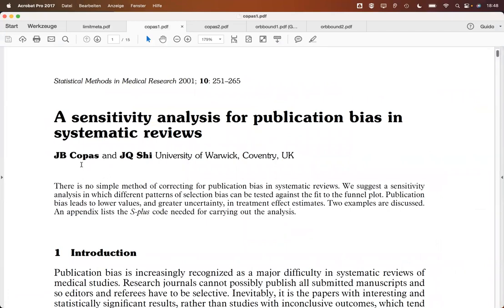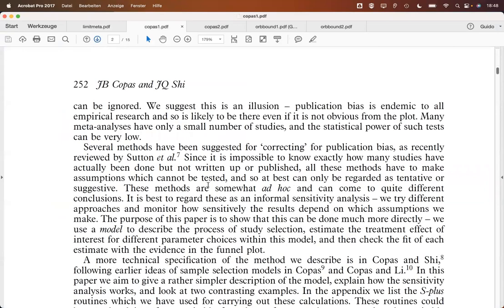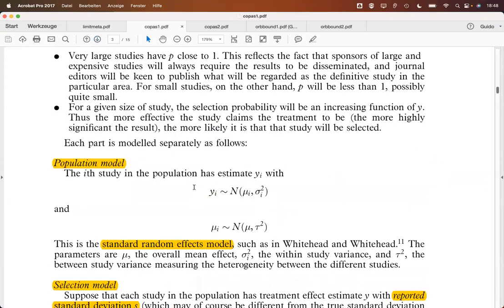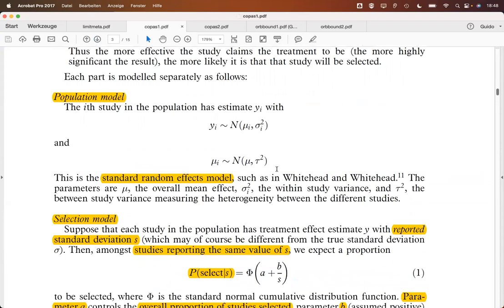John Copas had a couple of publications in the early 2000s on sensitivity approaches based on selection models to tackle publication bias, or selection bias, as he often called it. And again, the starting point, the so-called population model, is a standard random effects model, written down in a different way, but this is just the same model as for the limit meta-analysis.